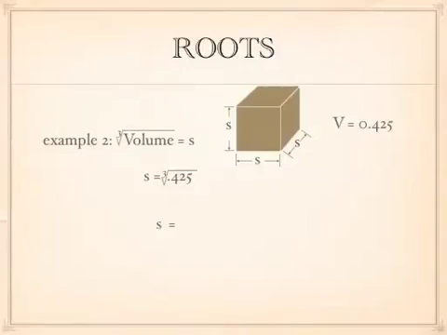When we calculate that on the calculator, we find that the side is equal to 0.751847298. That number times itself 3 times will equal 0.425. Rounding that to 3 decimal places, we get 0.752.